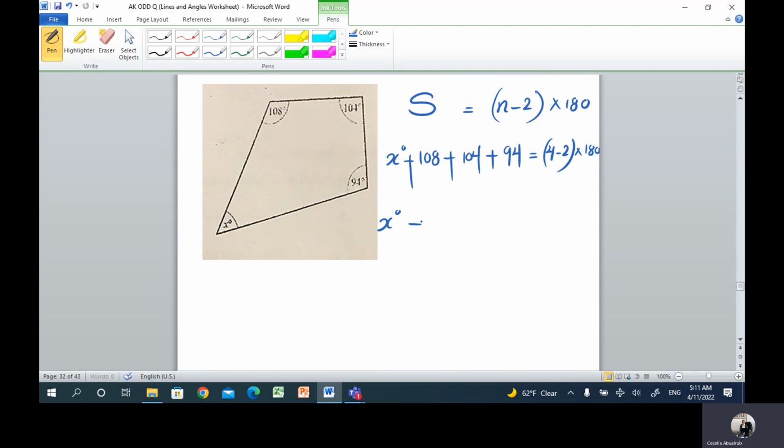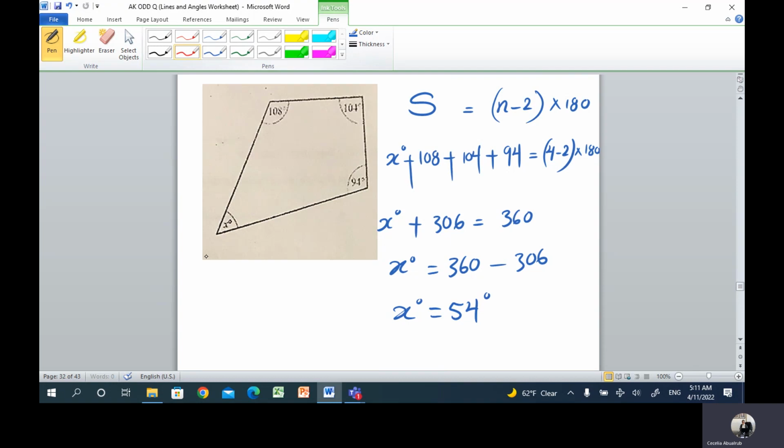If you simplify the left side, it's 108 plus 104 plus 94. This will come down to 306 is equal to 4 minus 2 is 2 times 180, it's 360. And then if you subtract the 306 from 360, it will come down to 54 degrees.